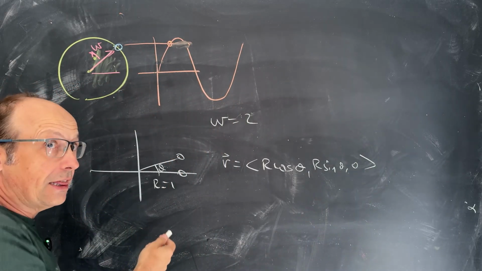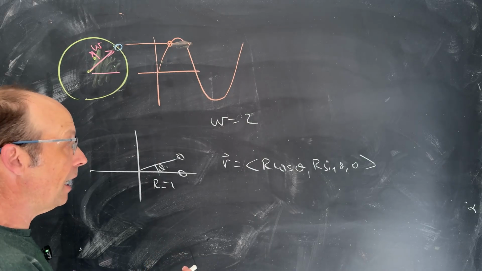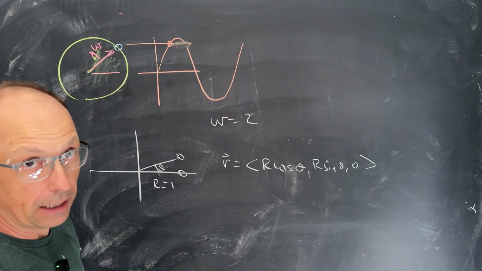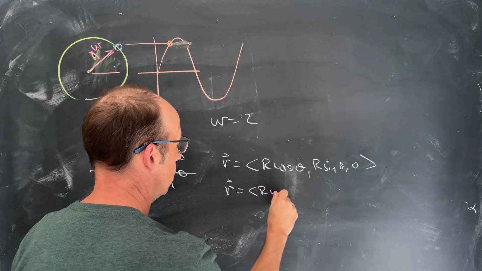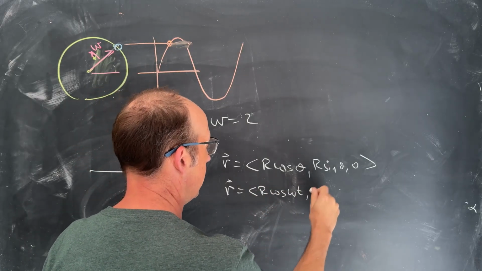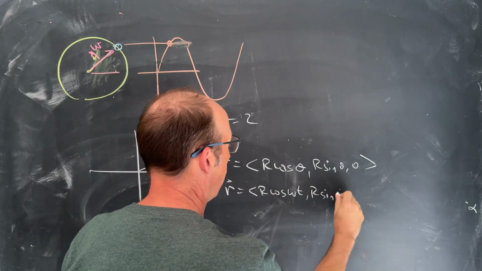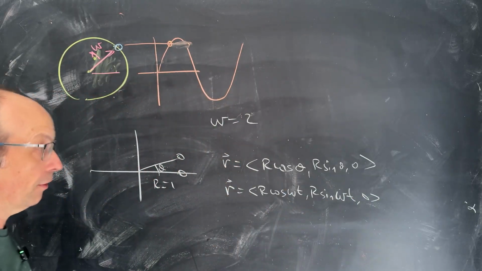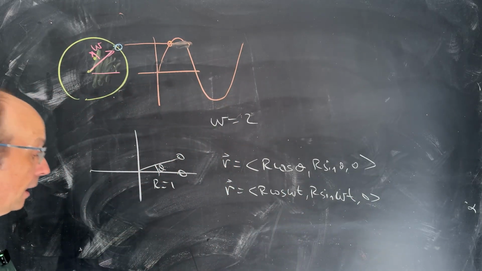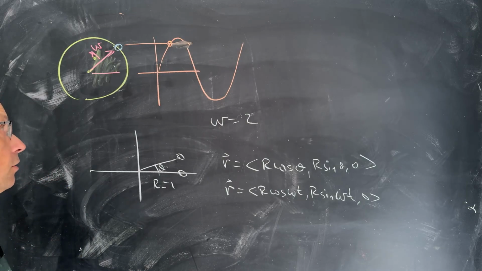How do I find theta? Theta is going to be omega t. So I can write this r vector as r cosine omega t, r sine omega t, 0. That will move it around the circle. Then I'll make it leave a trail, and we'll get a circle. So let's just do that.